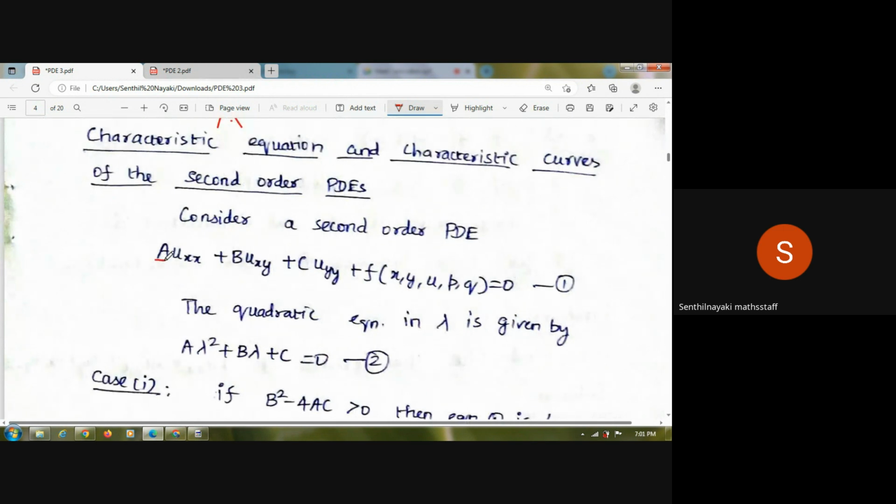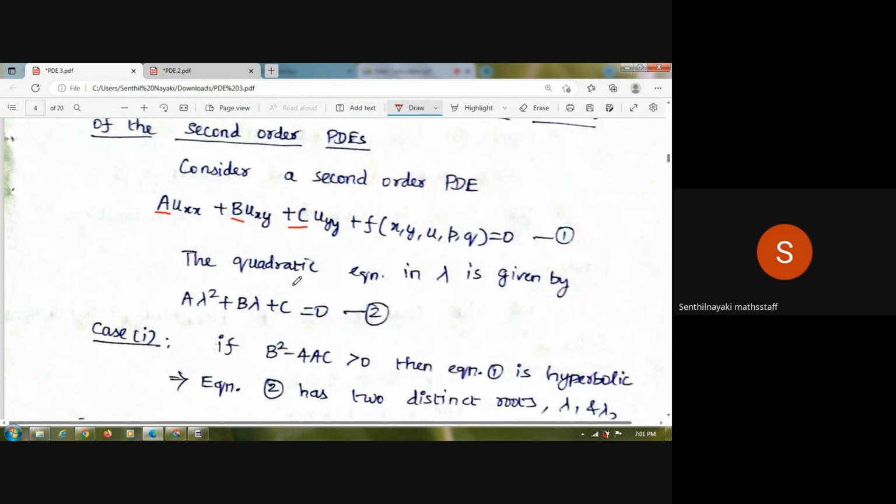In the same procedure, collect the coefficients of uxx, uyy and uxy. Name them a, c and b. Then with the help of a, b, c, we have to write down the quadratic equation in lambda. So what is that quadratic equation? a lambda square plus b lambda plus c equal to 0.